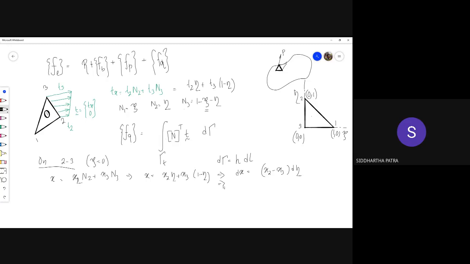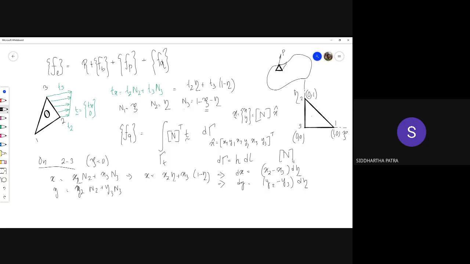Okay, now if I write this statement, would that also be correct? Because y is also mapped with the same set of shape functions: y2 n2 plus y3 n3. If you recall, x vector was xy mapped through n times x hat. X hat, of course, was x1 y1, x2 y2, x3 y3, transpose of that.